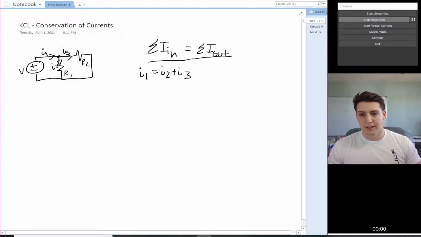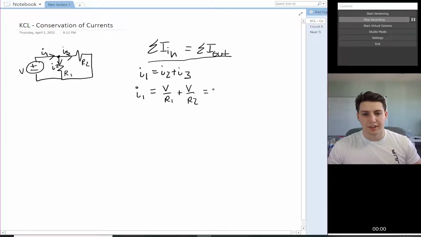Well, we know that I2 is going to be this voltage over R1, and I3 is going to be this voltage over R2. So we can say that I1 is equal to V over R1 plus V over R2.